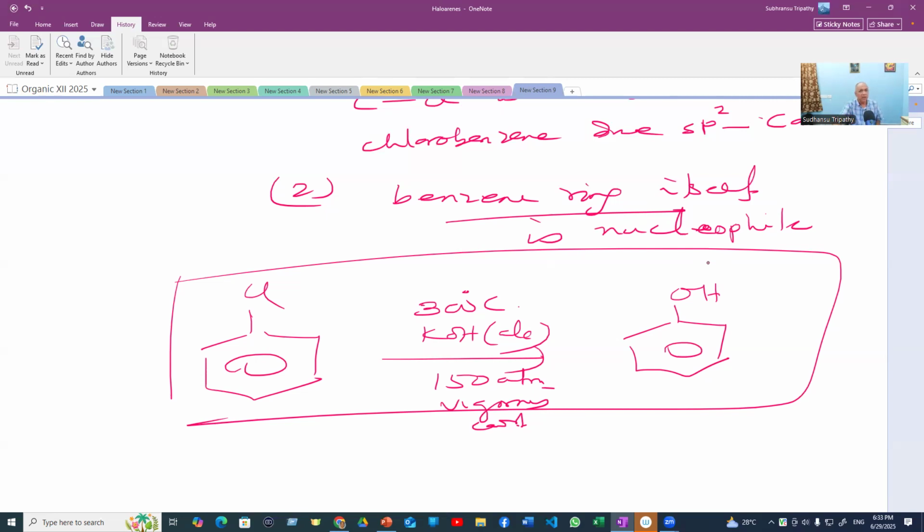Who can tell me what change in the structure of chlorobenzene you have to make? We want to do ARSN, but we are not able to do it in chlorobenzene because of sp2 hybridization, the C-Cl bond is strong.